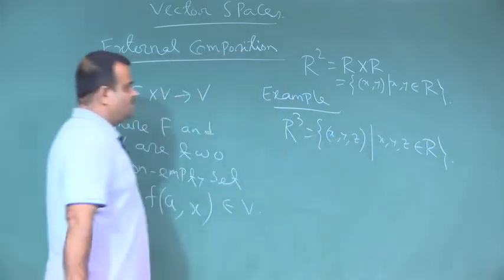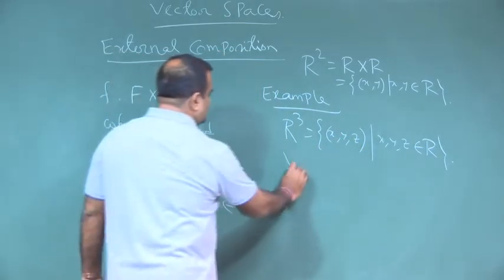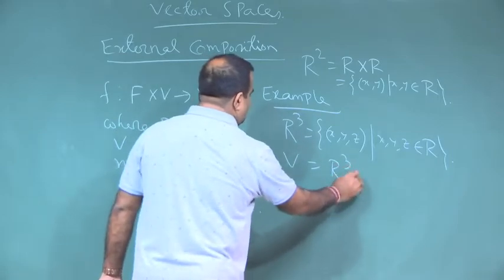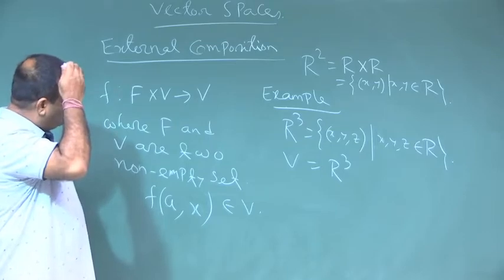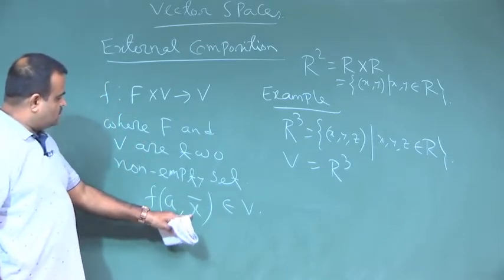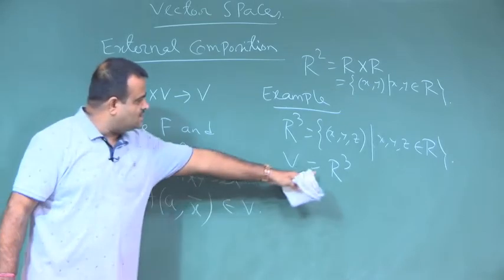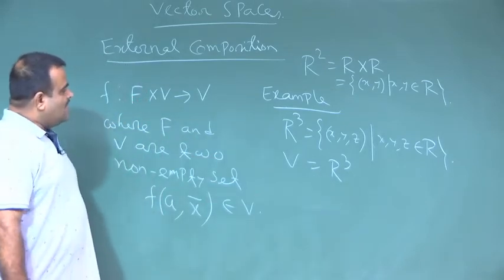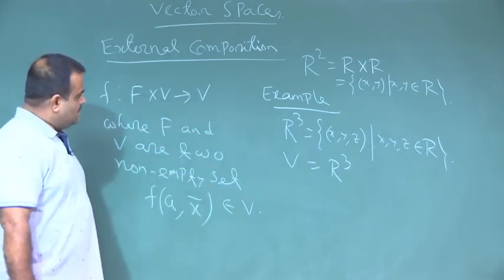R 3 is the 3-tuple. If we take this as v, so v is basically R 3, these x, y, z are real numbers. To distinguish, a vector means an element of these 3-tuples, and x, y, z are real numbers.